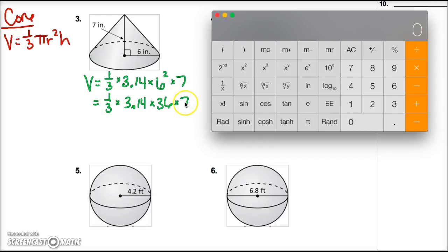So I'm going to do all of the multiplication first and then divide my answer by 3. So 3.14 times 36 times 7, and then divide that by 3. We get 263.76. If I round that to the nearest tenth, this 6 tells my 7 to bump up to an 8. So 263.8, and it would be inches cubed.